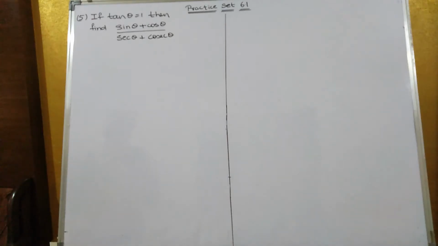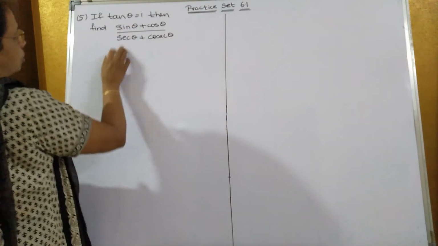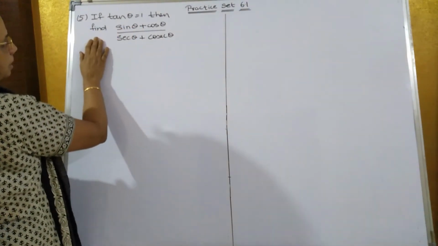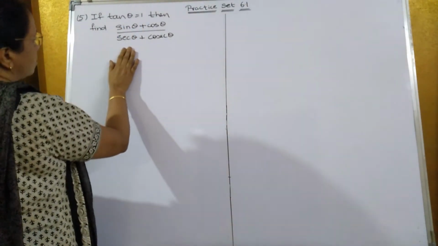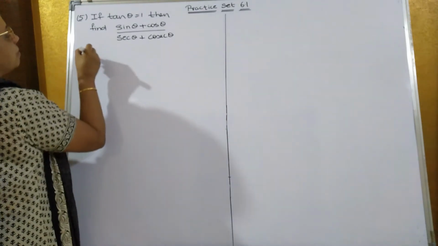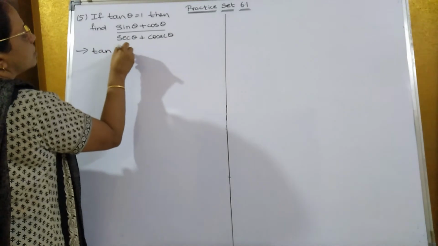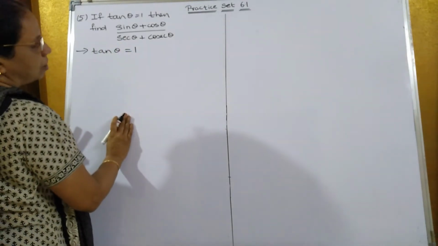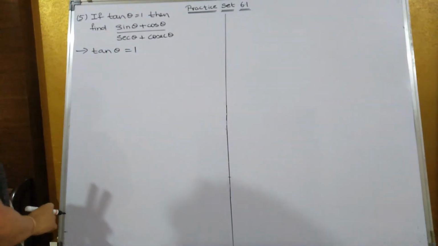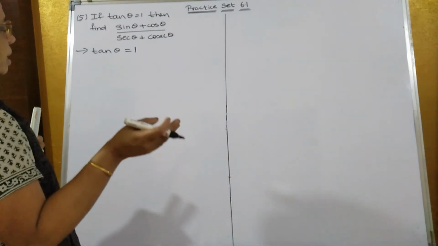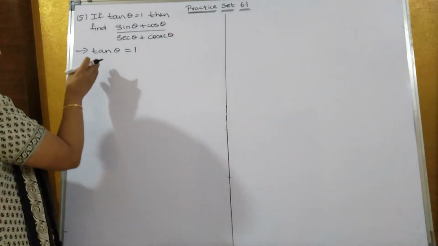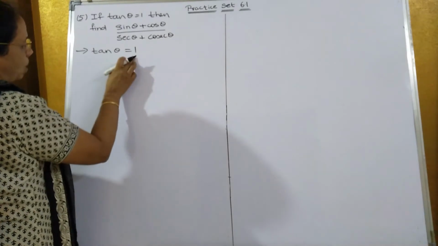Now fifth sum: if tan theta is equal to 1, then find (sin theta plus cos theta) upon (sec theta plus cosec theta). They have given tan theta is equal to 1. From the table of values of the trigonometric ratios, which value has 1?